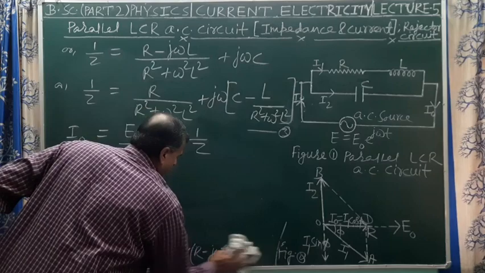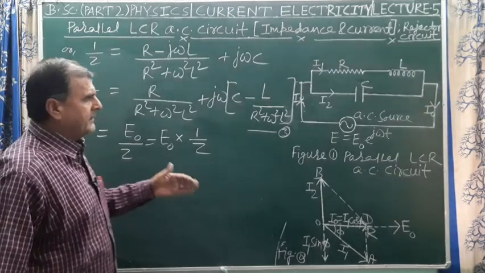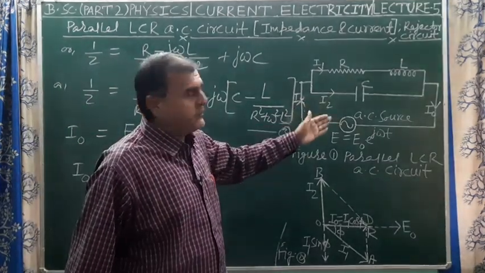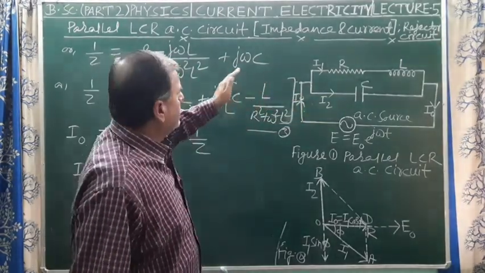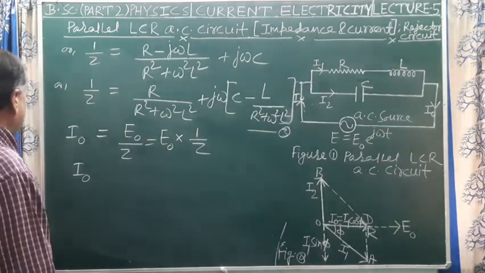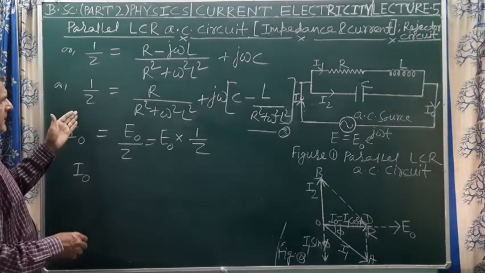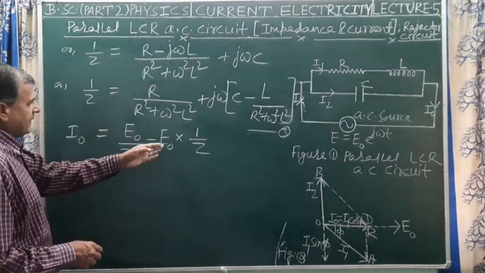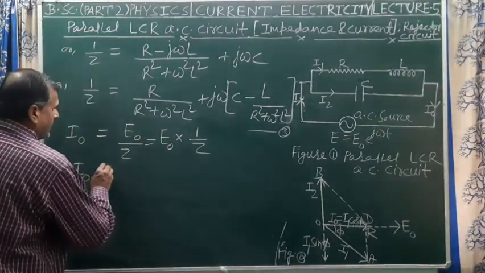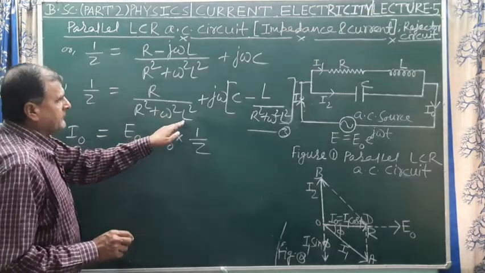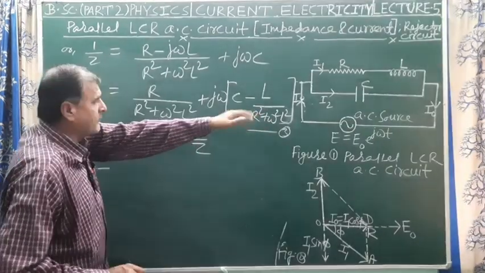So now we have I naught, the source current or total current flowing in the parallel LCR AC circuit, I naught equal to E naught upon Z, where Z is the impedance of the circuit. We can write it as E naught into 1 by Z, and 1 by Z from equation 3 is capital R upon R square plus omega square L square plus j omega under bracket C minus L upon R square plus omega square L square.